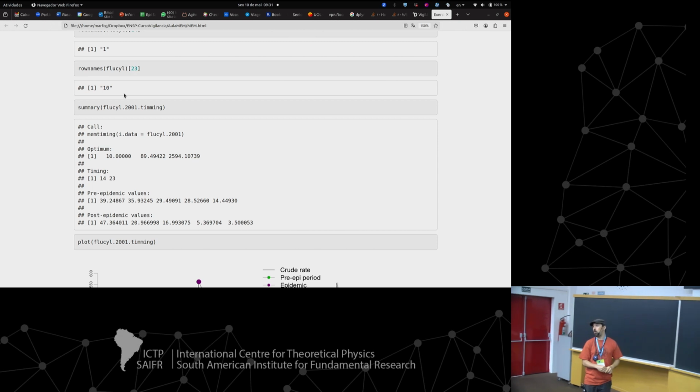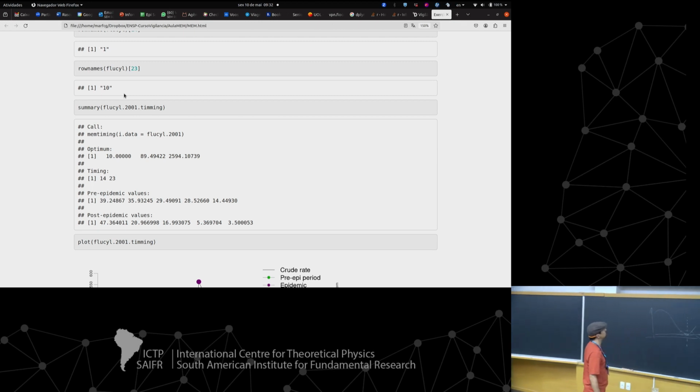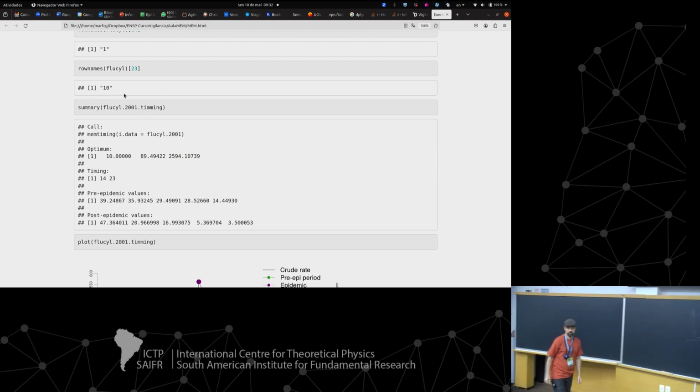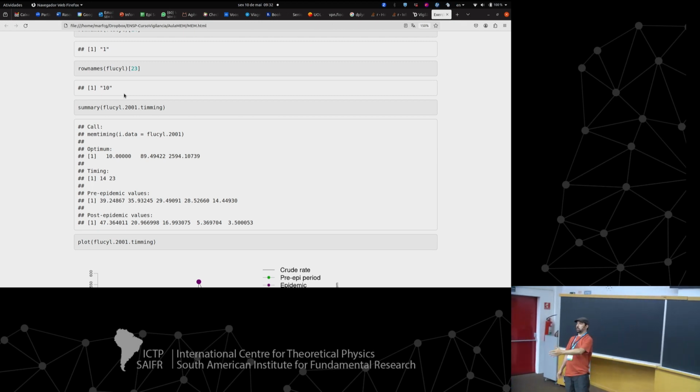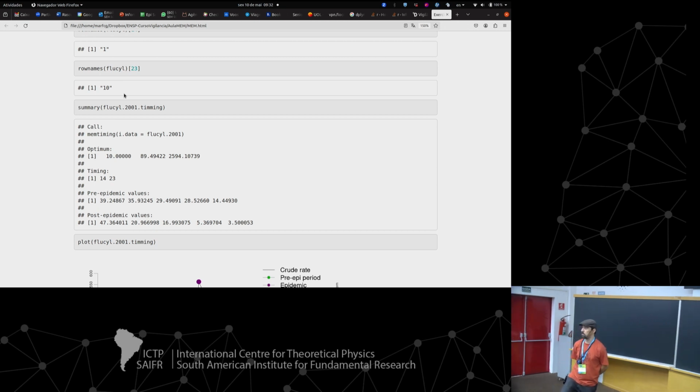It's not ordered in the way they appeared. It's not the first week of the pre-epidemic phase, the second week, the third. No, it's just the observations, ordered in a decreasing way regardless of when they happen, from the highest to the lowest value.